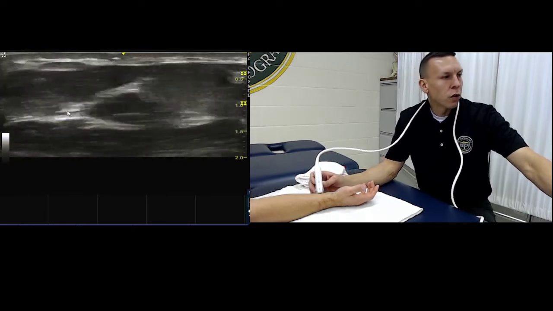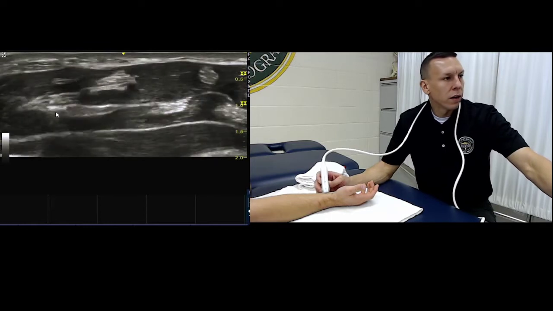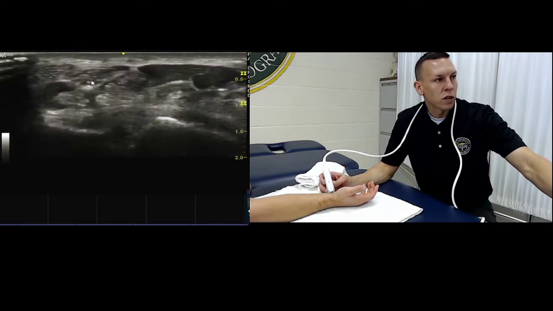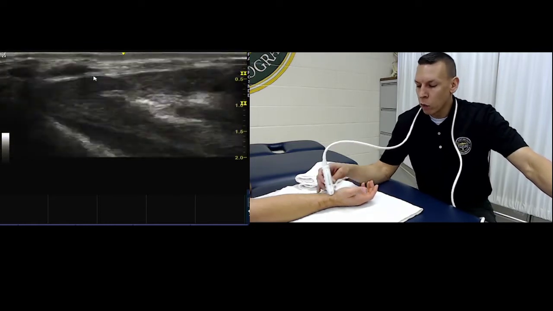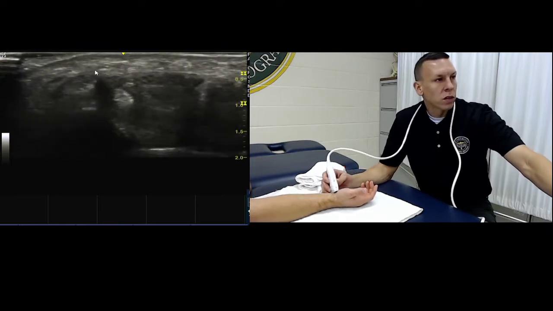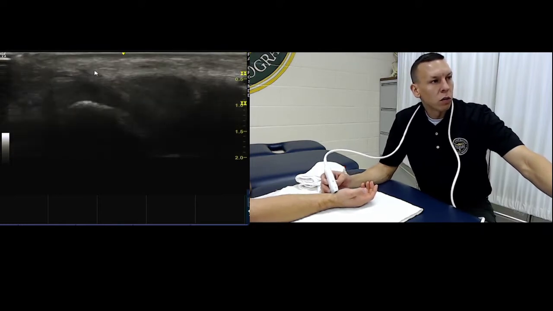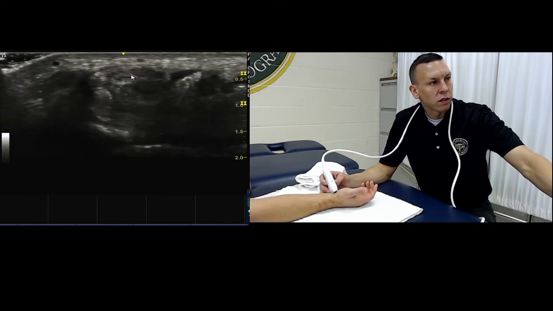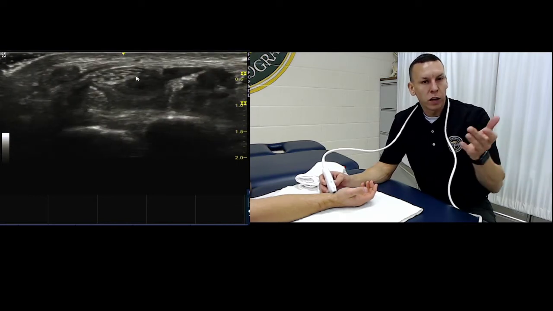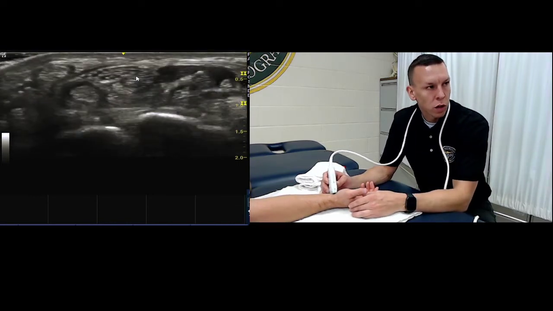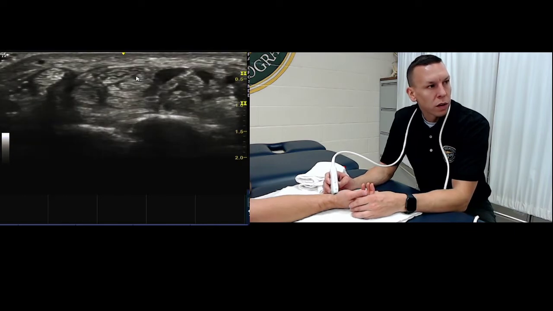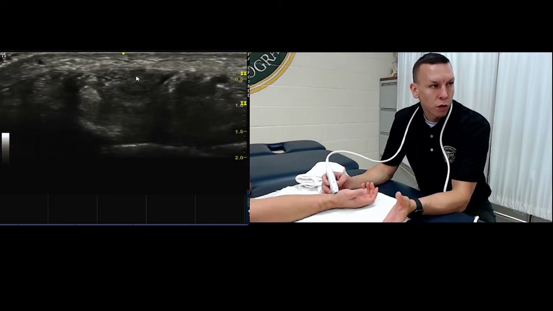So when you're scanning, make sure you identify which one's the median nerve, because the way we're going to determine if someone has carpal tunnel, or at least help us with a diagnosis, is by measuring the median nerve. So you want to make sure you measure the right structure. There's a couple different measuring techniques you can do for the median nerve.